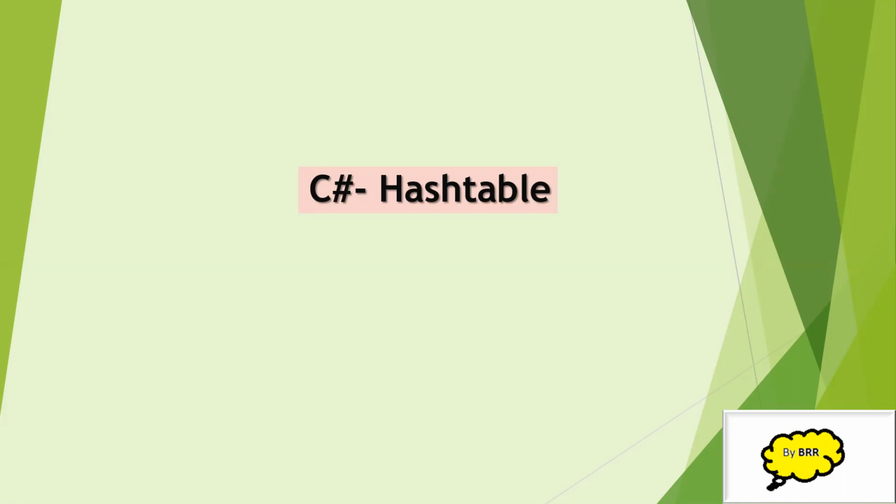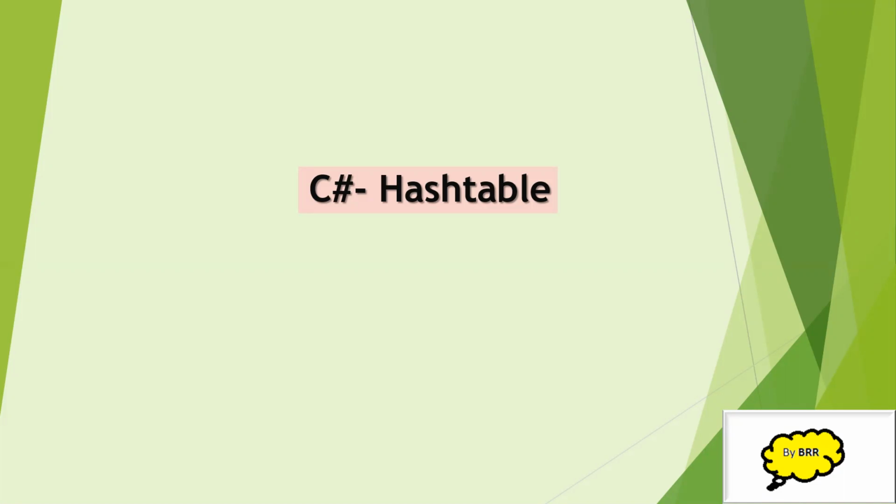Each item in the hash table has a key-value pair. That is the syntax of the hash table, and the key is used to access the items in the collection. So basically, hash table and dictionary have a similar kind of structure. Both are collection data structures that hold data as key-value pairs. But dictionary is a purely generic collection, and hash table is a non-generic collection.